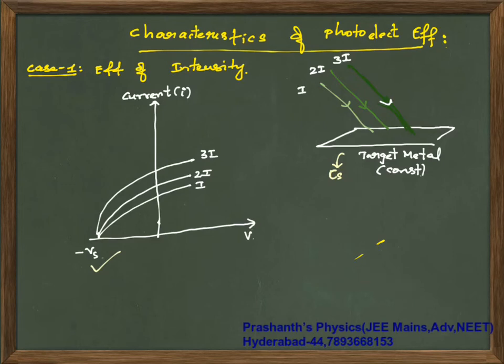So it will be like this somewhat. For example, every second some 1000 electrons are coming.